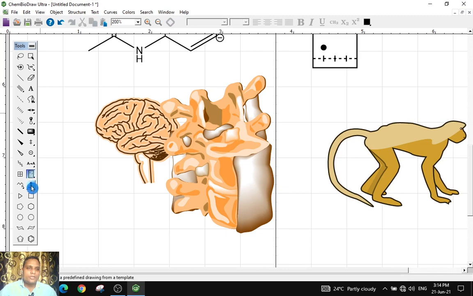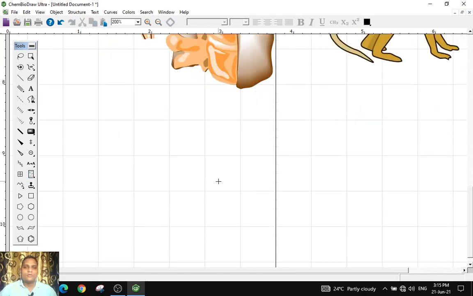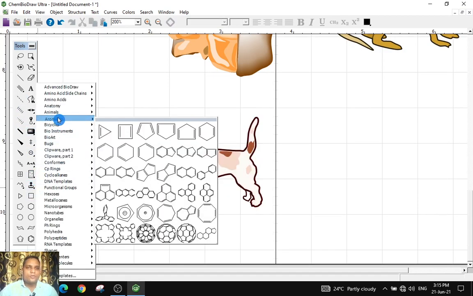Not only monkey, we can have some more animals there. Depending on your wish, if you want to show something in your PowerPoint presentation, you can simply take some examples. Suppose you want a dog in your presentation, simply by clicking on this one, you can see a very beautiful dog there. So by simply clicking any of the tools, it will appear on your interface.